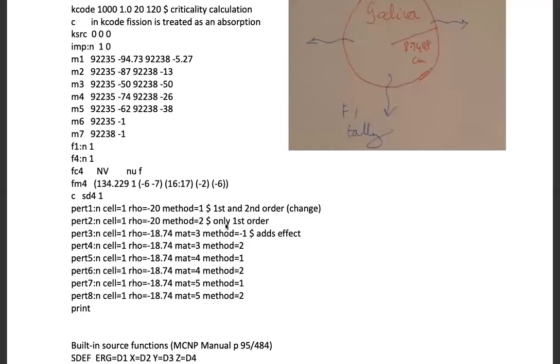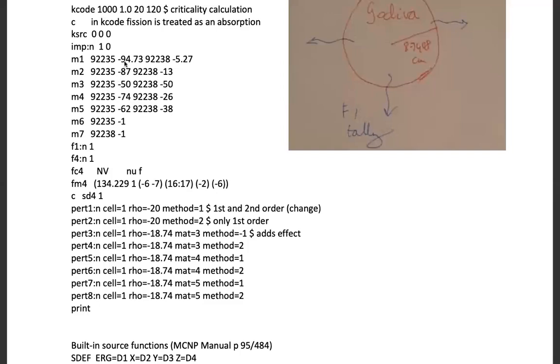Method equals 2 gives you only the first order change. If you say -1, then it adds the change to your previous k and it gives you the new estimate for k. So this is what happens if your density is this much, but you replace material 1 by material 3, so material 3 is defined.